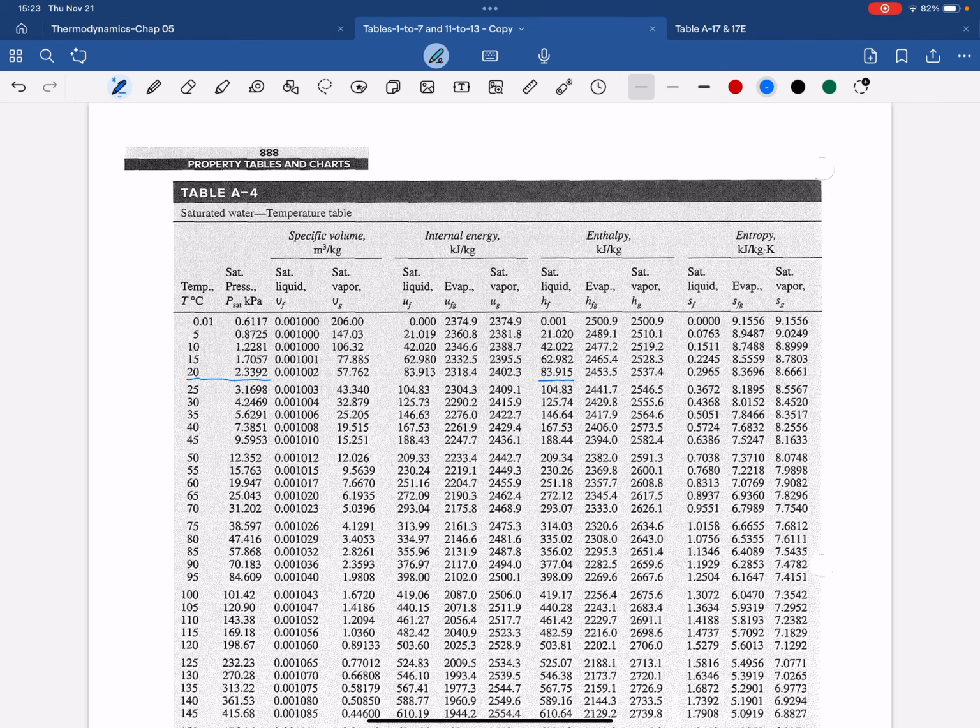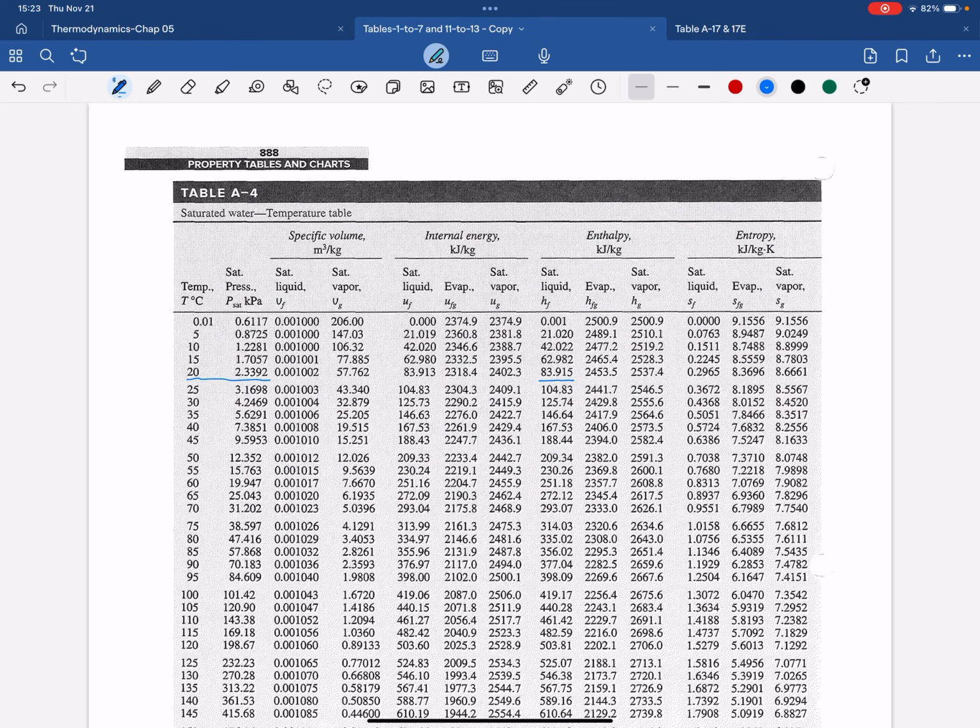We directly use the hf value, 504.71. Let's write it down. h3 equals 504.71 kilojoules per kilogram.